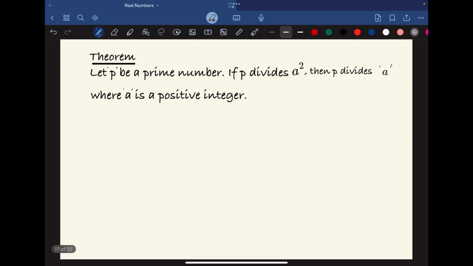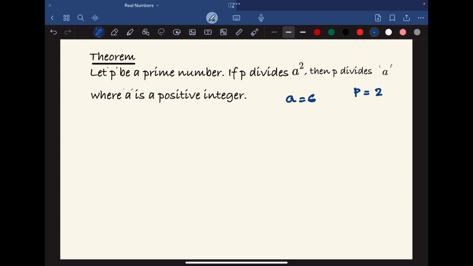We have a theorem in this chapter. The theorem says: let p be a prime number. If p divides a square, then p divides a, where a is a positive integer. Let's see an example. Can I take p as 2, as it is a prime number? I'm taking a as 6.